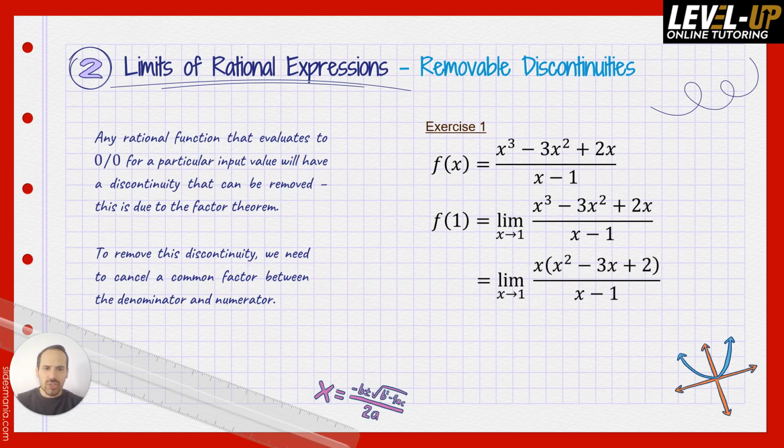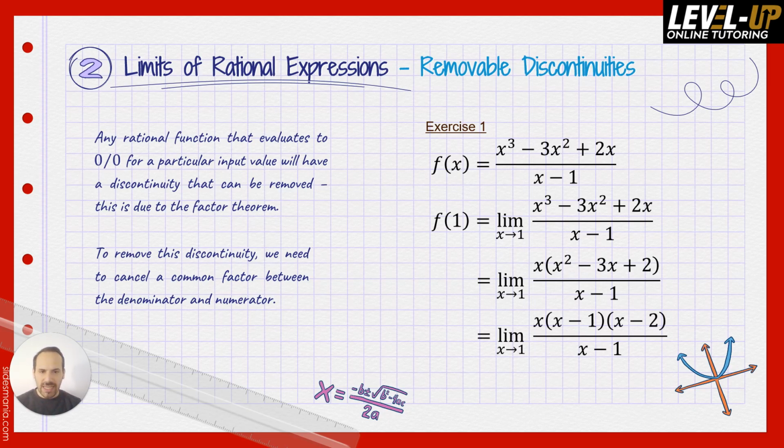Like I alluded to a moment ago, we need to factorize. The denominator has nothing to factorize, but the numerator is a cubic polynomial, and we can factorize out an x straight away. What's left in the bracket is a quadratic, and in further maths you should already be very familiar with factorizing quadratics.